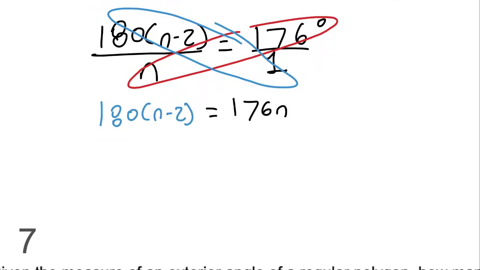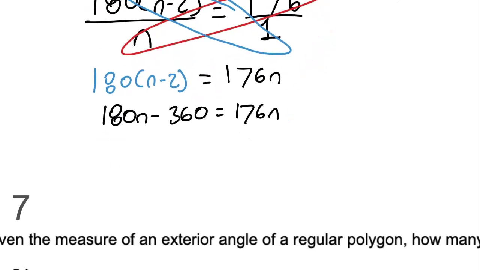We distribute, get 360. In this case, when you subtract 180 and you divide by a negative, that's perfectly fine. So you can just subtract 180.